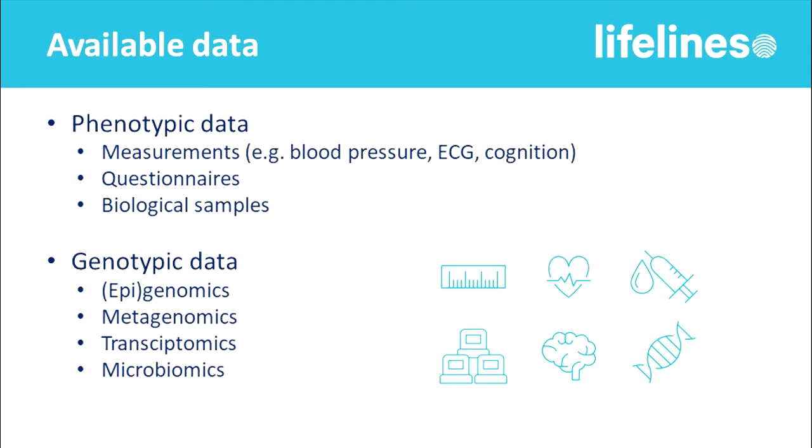These are sent out whenever participants come to a location, but also at an interval of 1.5 years. And of course the biological samples, such as the blood collection, which is also done on location, and for example urine. And besides the phenotypic data, we have the genotypic data, which ranges from genomics to metagenomics, transcriptomics, and microbiomics, to name a few.